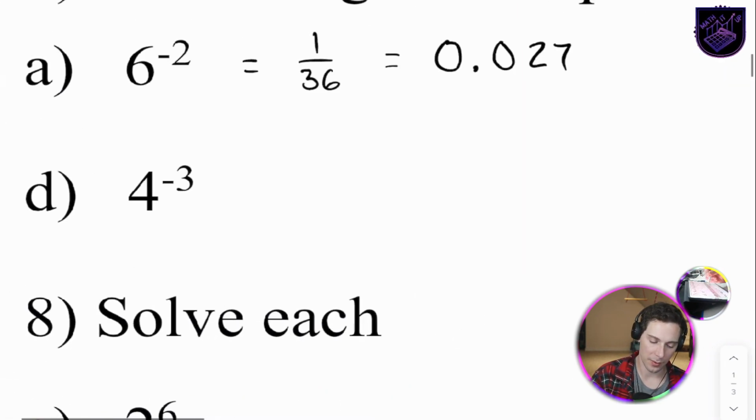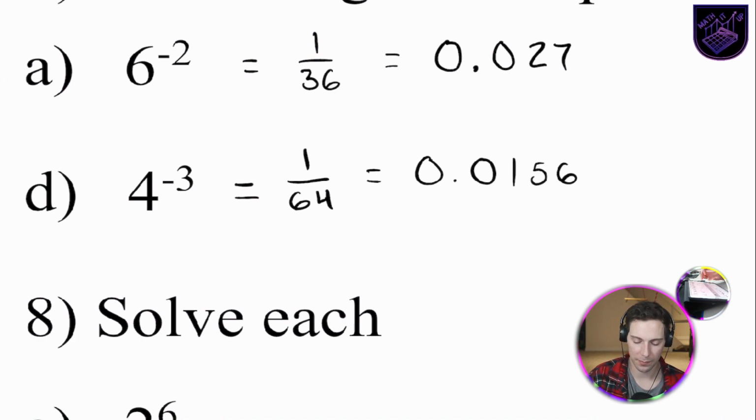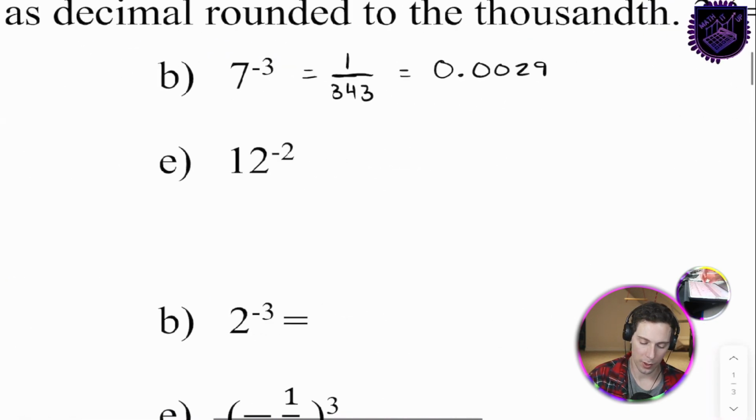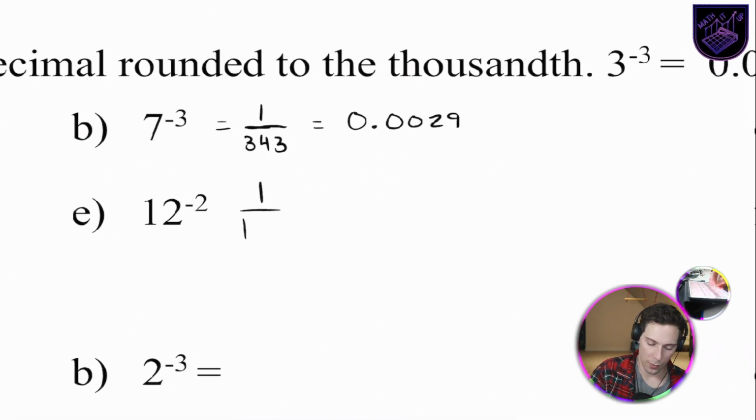4 to the power of -3. This is going to be also 1 over 64, which is also equal to 0.0156. Same question. 1 over 144. 12 squared is 144.